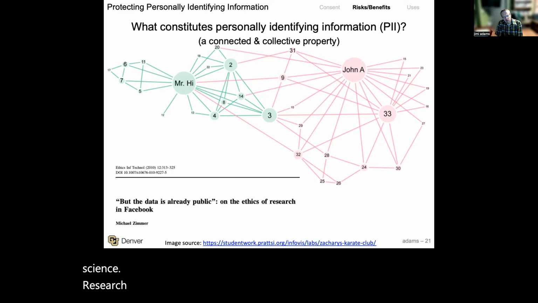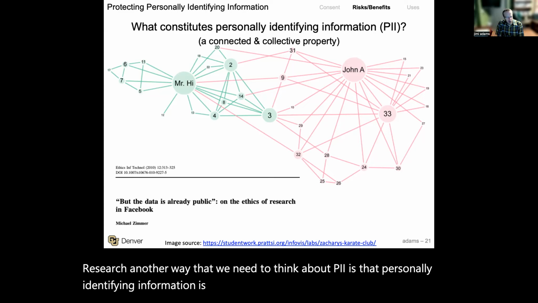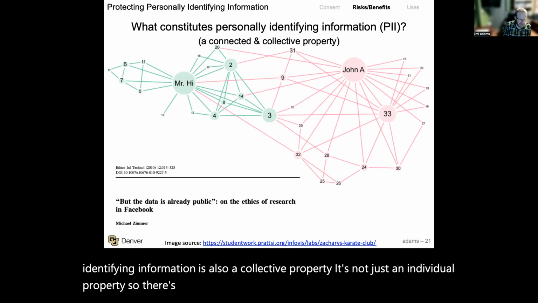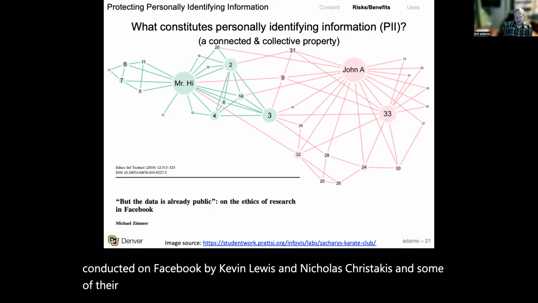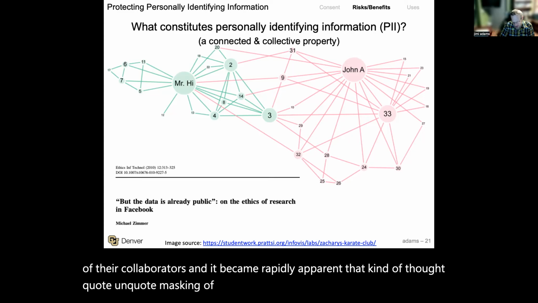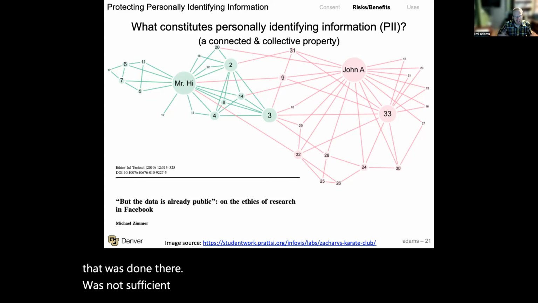Another way that we need to think about PII is that personally identifying information is also a collective property. It's not just an individual property. So there's a classic study, the Tastes, Ties, and Time study, that was conducted on Facebook by Kevin Lewis and Nicholas Christakis and some of their collaborators. And it became rapidly apparent that the quote unquote masking of the location of the research that was done there was not sufficient to hide where the research was done.